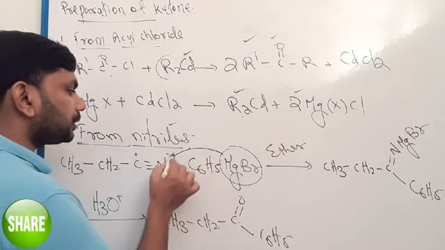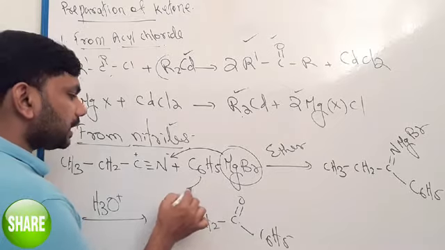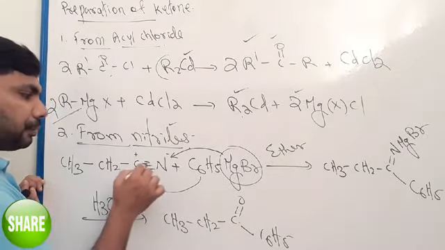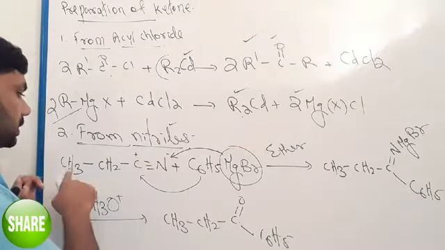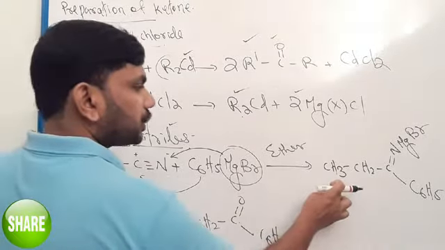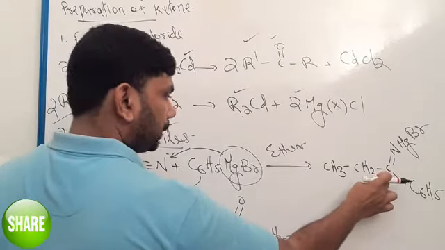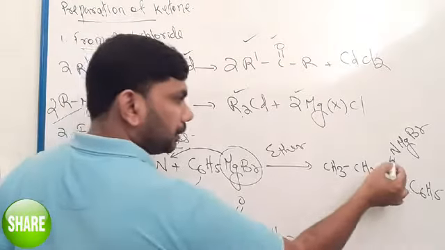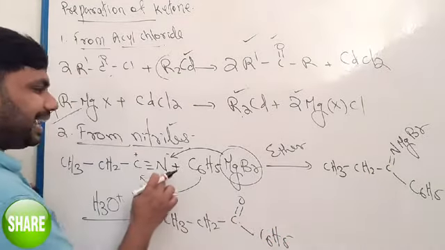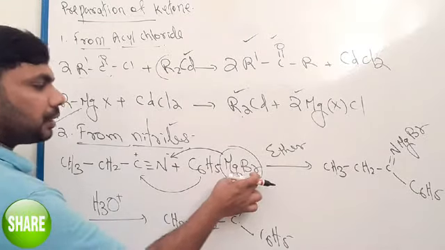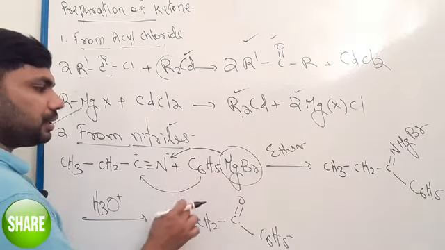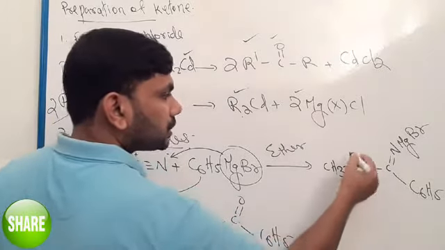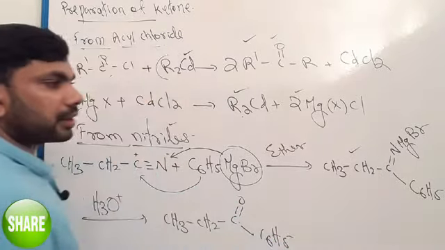MgBr will bond with nitrogen and C6H5 will bond with carbon atom, and this triple bond will change to double bond. Look here, same thing, CH3CH2 carbon, this triple bond changes to double bond, and MgBr bonds with the nitrogen, NMgBr, and C6H5 bonds with the carbon atom, and this intermediate product is formed.